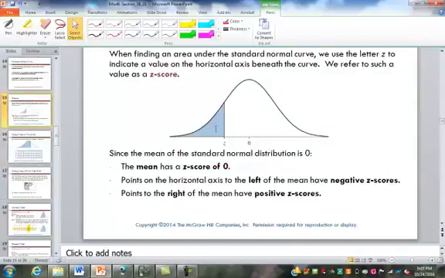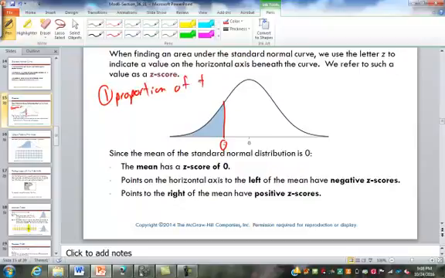So here, this is our curve, and again, Z is the value we're going to be looking at. So if I want to find the probability of being less than Z, or the proportion of the population. Remember, this shows two things. One, it shows the proportion of the population that is in that range.